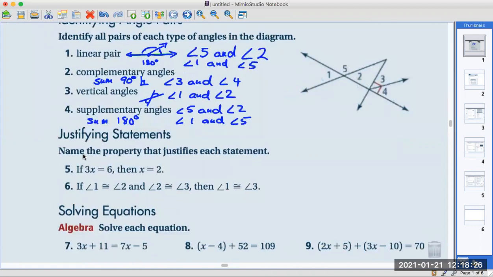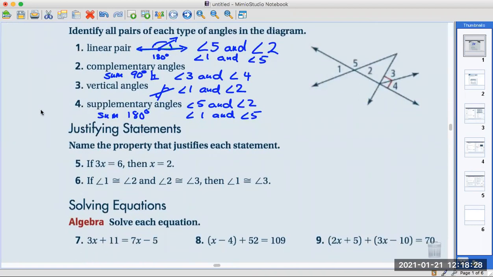Okay, then review on justifying statements. The property that was in lesson 1.7, if 3x is 6 and x is 2, is the division property of equality.